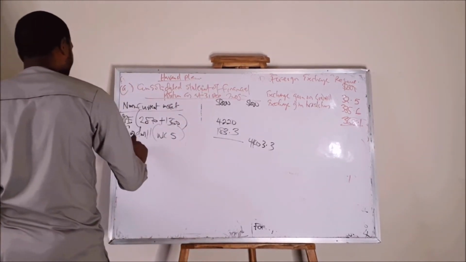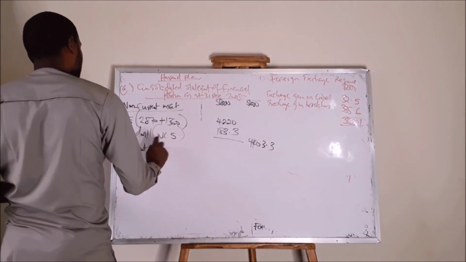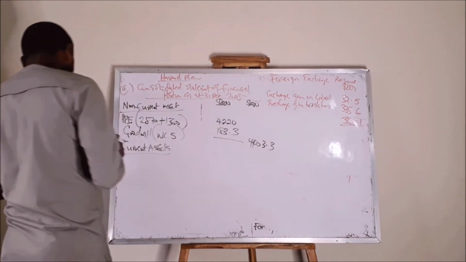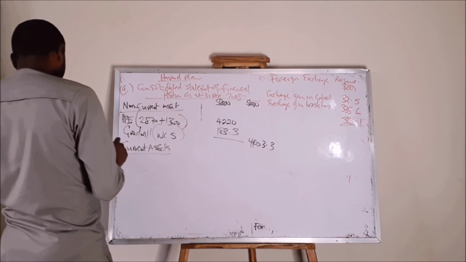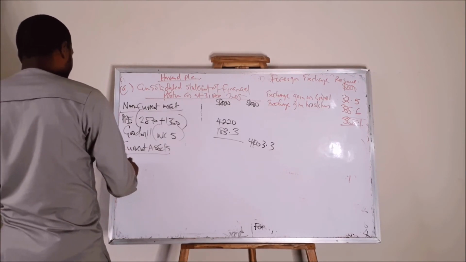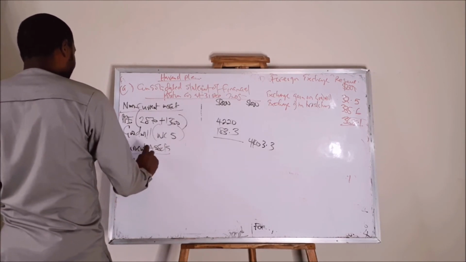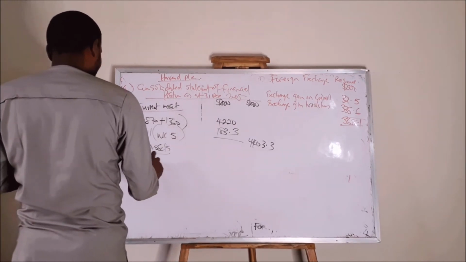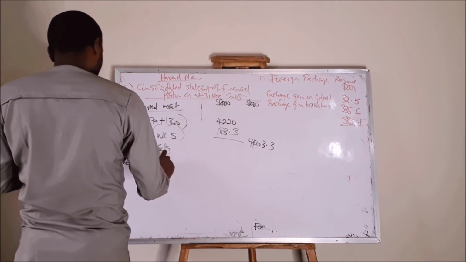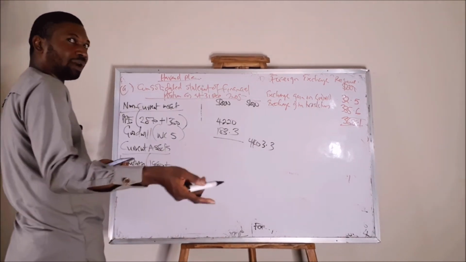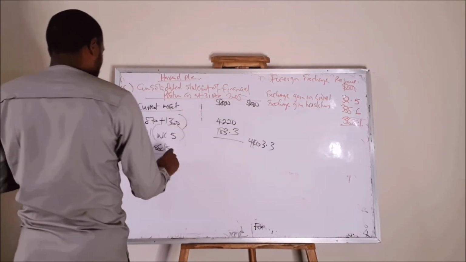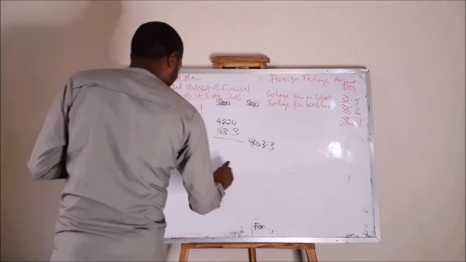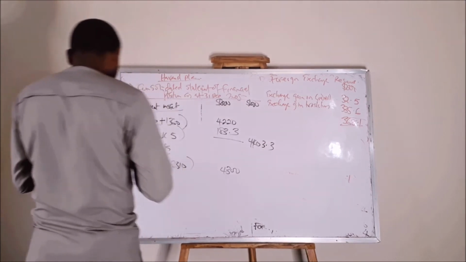Then the next is the current assets. And current assets here, we have the inventories. The inventory of parent is 1990 plus the one that has been translated, that's subsidiary, which is 2310, to give us 4300.